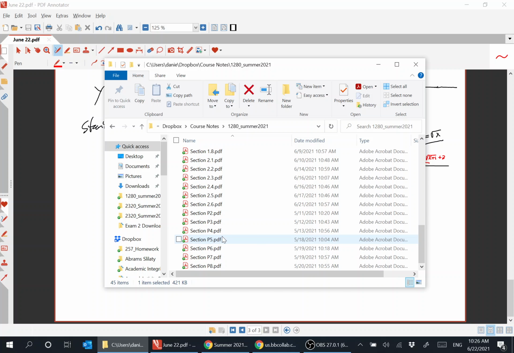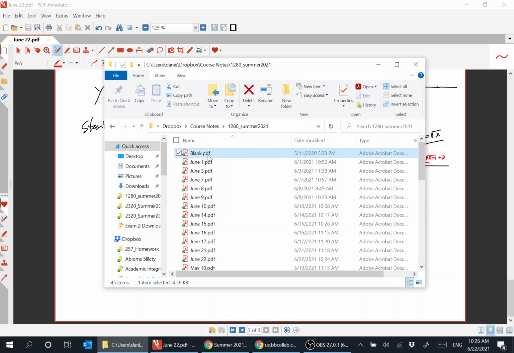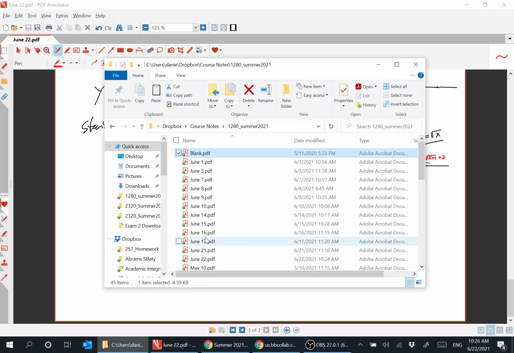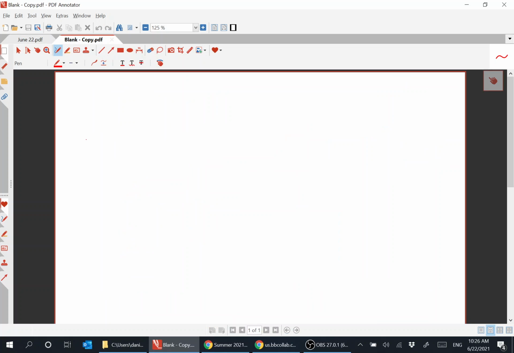All right, so the next section, section 2.7, is on combining functions.